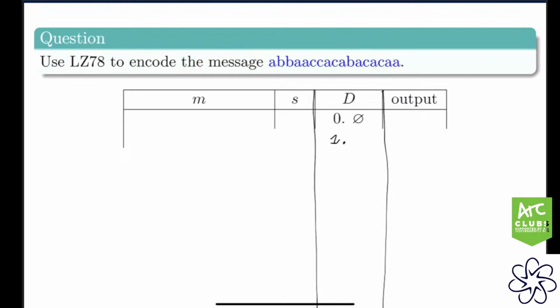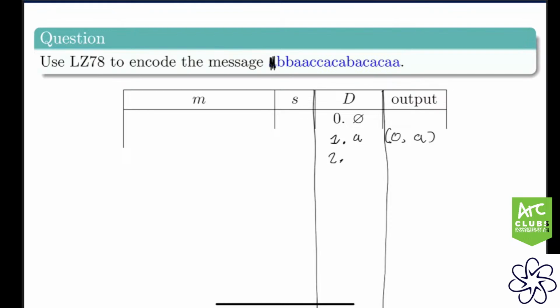So there's nothing, so the dictionary element is 0. Maybe it's better if I just do the line first, right? So I say 0 because we are appending A to the 0th element of the dictionary to get this first element in the code.